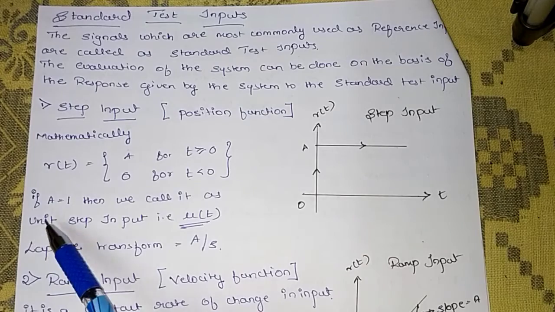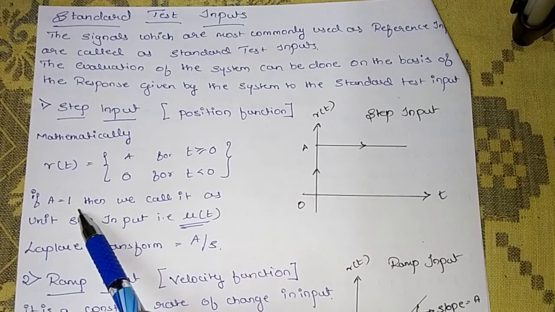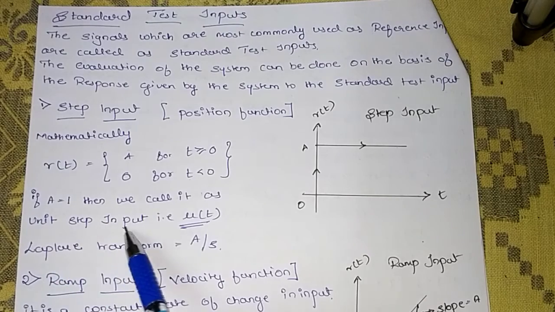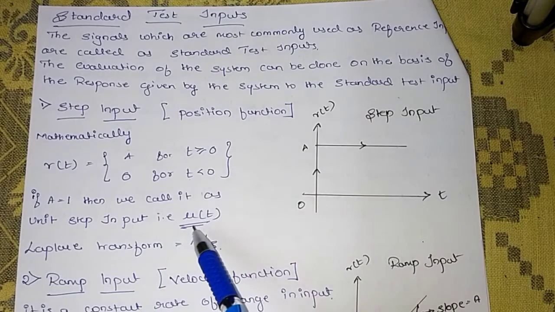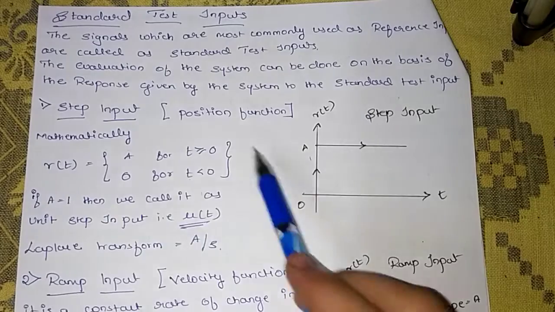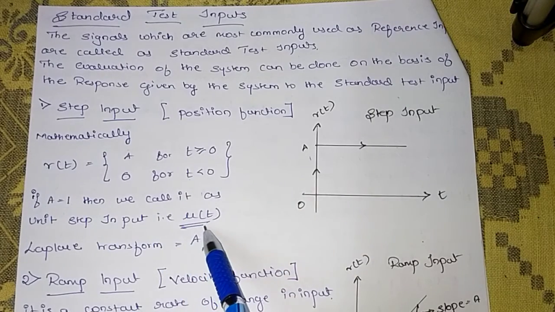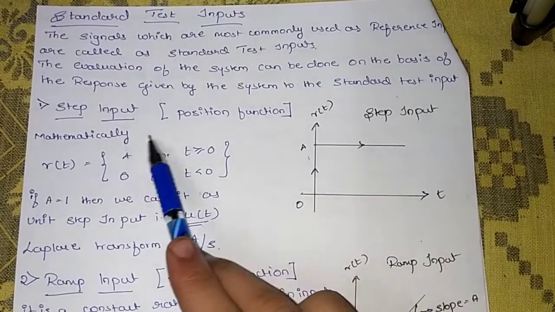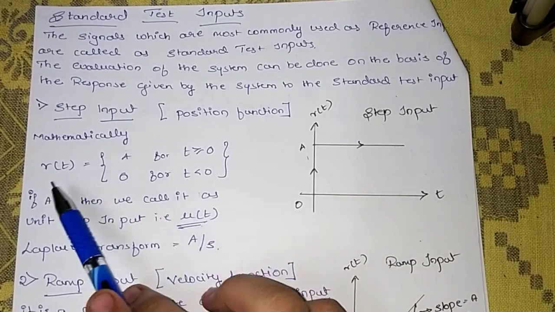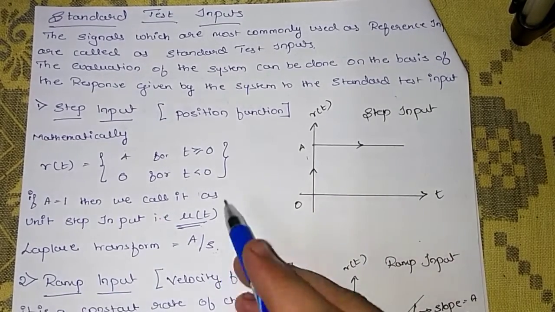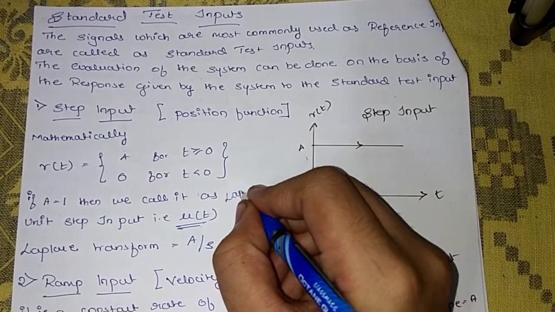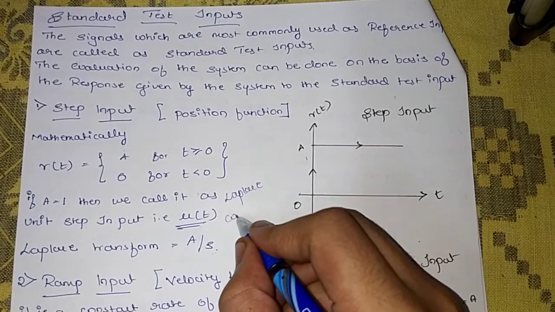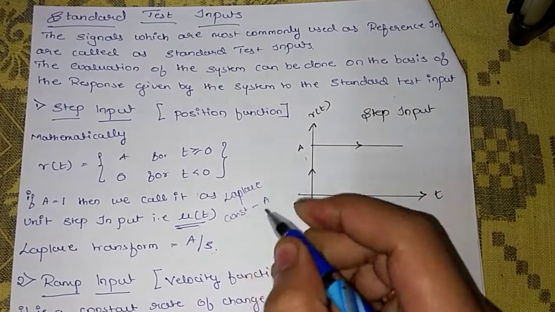Now if a equals 1, what happens? If a equals 1, then we call it a unit step input, that is u of t. Next, if we take the Laplace transform of this signal, that is nothing but a by s, because here the constant is a.